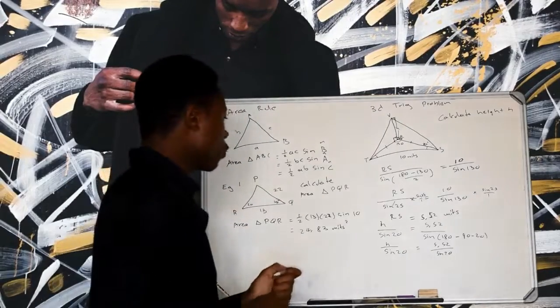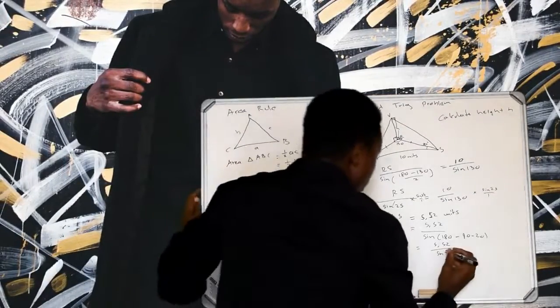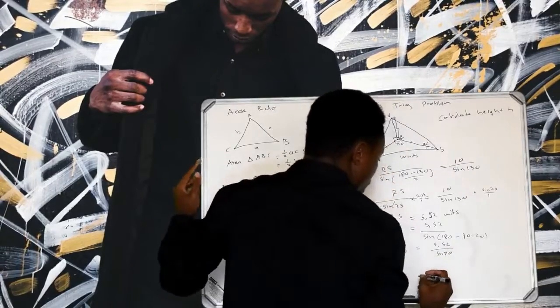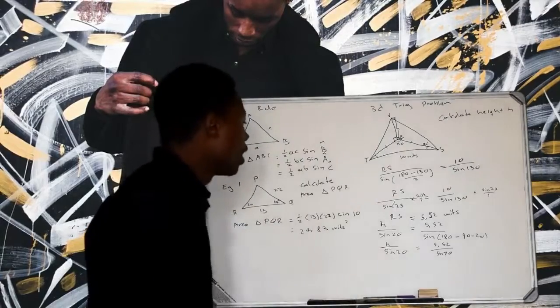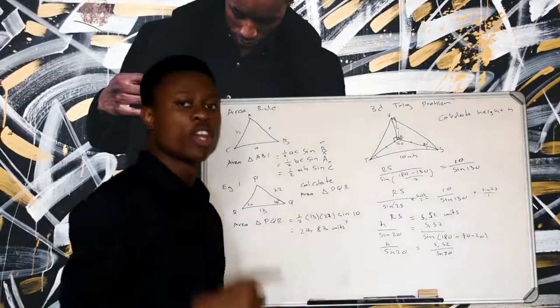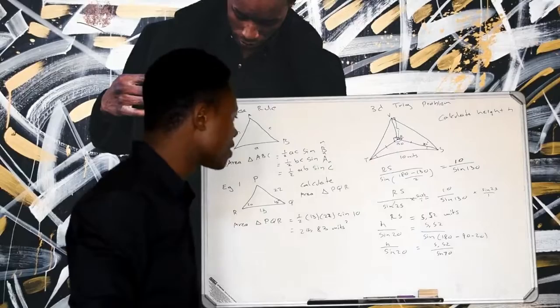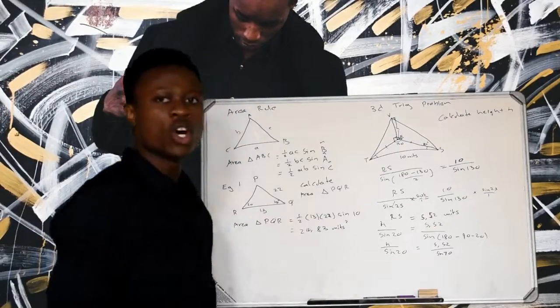Don't confuse this with 20. This is sine 70. Right? So therefore, once I have this, again, it's the same process, because I only have one variable that is unknown in this equation, and that is h. So h is the only unknown variable.